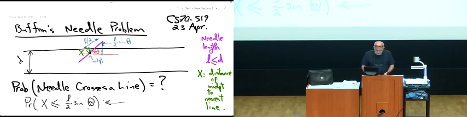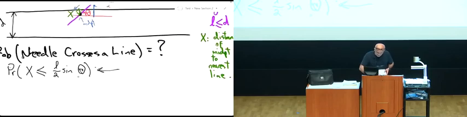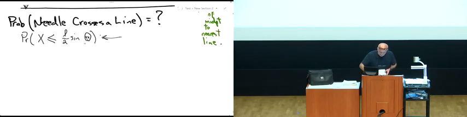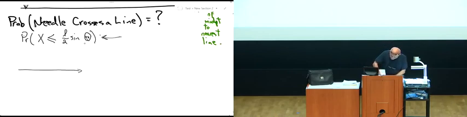Now, what I'd like you to do is tell me what the probability density is for the two random variables in question. I've got the random variable x. What's the probability density function for x?